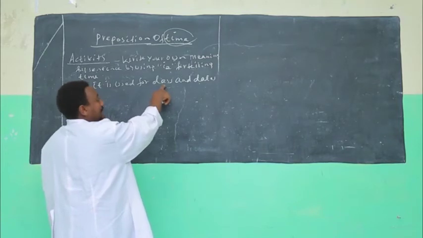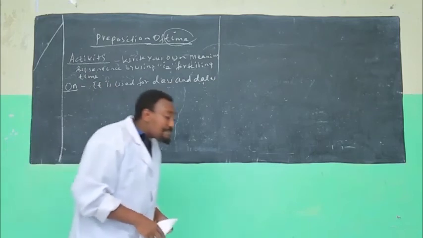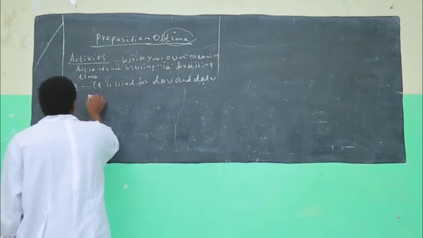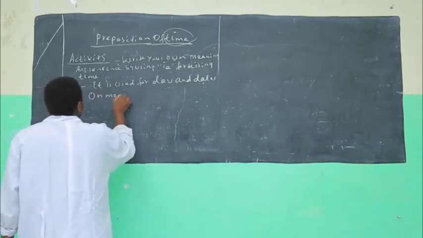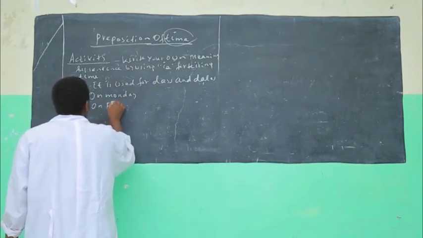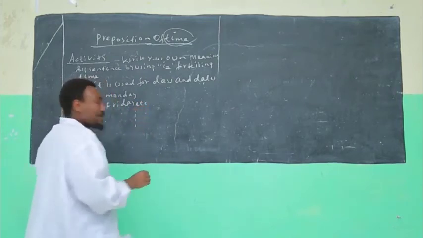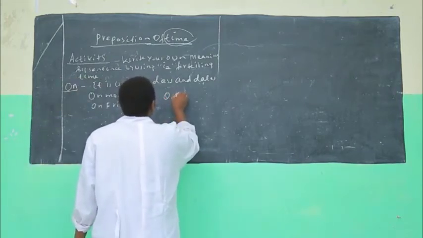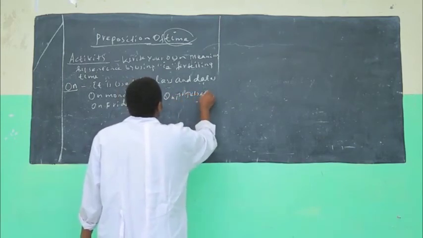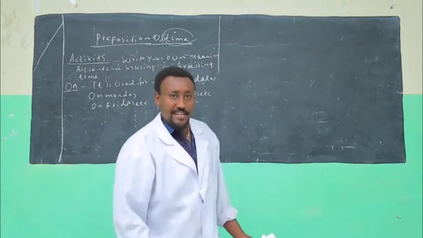A week has 7 days, and for dates, we said 1 to 31. So, for that specific time, we use "on". For example, on Monday, on Friday, etc. Or we can say on 1st June, on 1st July, etc. So "on" has a specific use: it is used for days and dates.